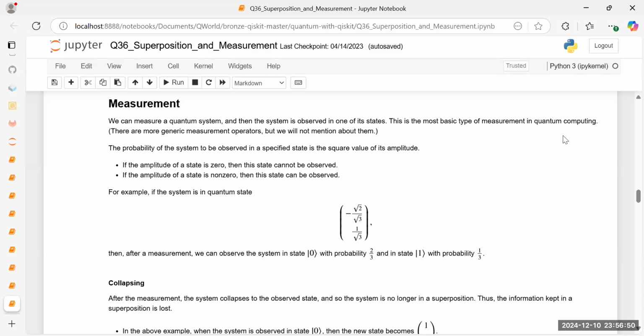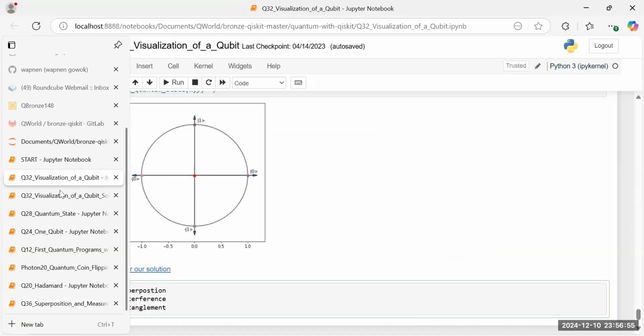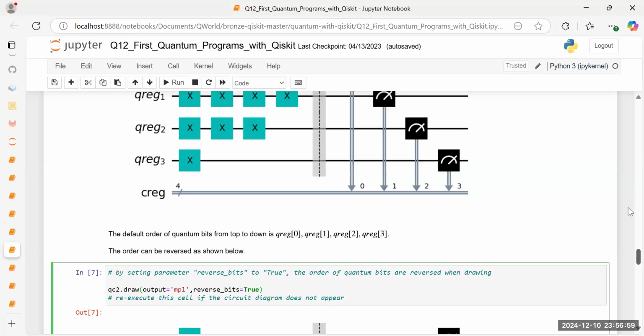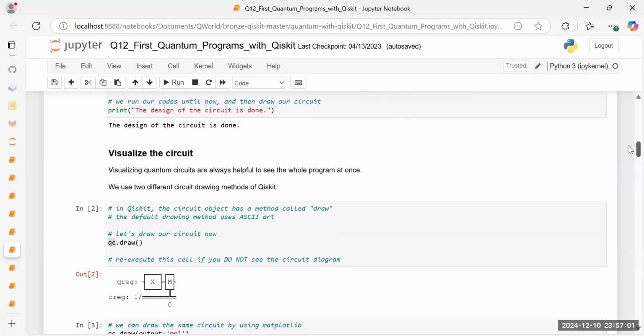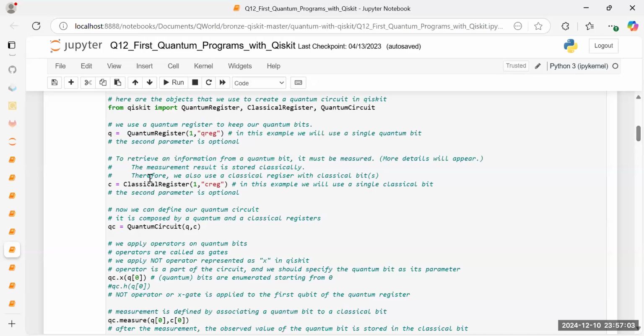That's why in our circuits we were using qubits and bits. We had a quantum register and a classical register.